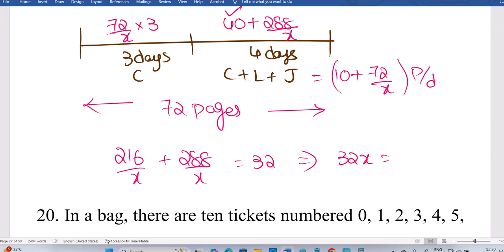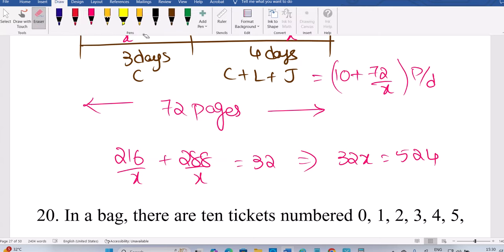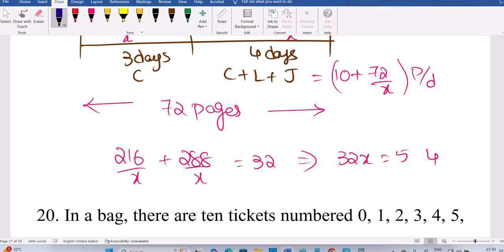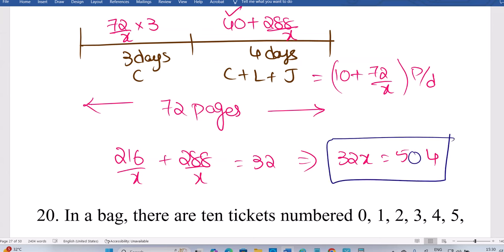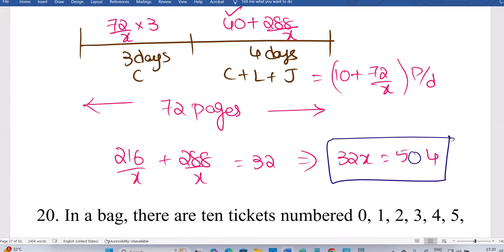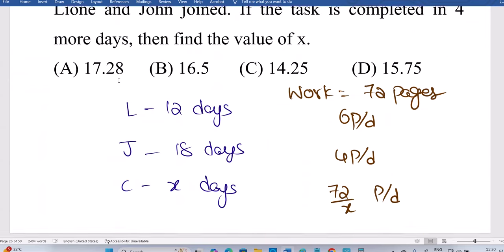So here 216 plus 288, that is 504. 504 divided by 32, that's what the x value is. 504 divided by 32 is 15.75. You can find the x value 15.75 here.